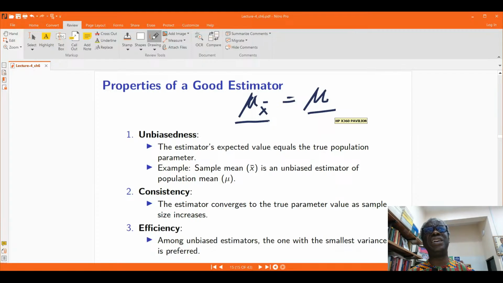So efficiency is only for the unbiased estimators. Among the unbiased estimators, the one with the smallest variance is the efficient estimator.